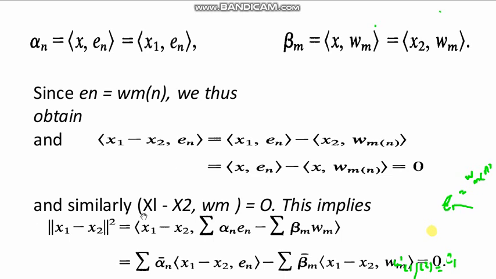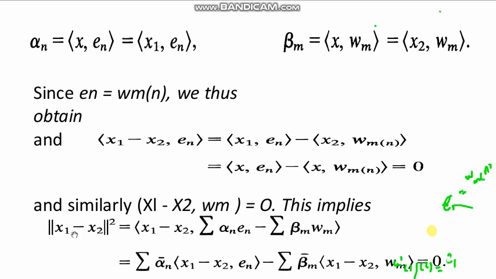Similarly, in the case of beta_m, if we use x1 minus x2 with W_m, then it will be equal to x1 with W_m minus x2 with W_m, and similarly here it will come again W_m(n), so the result will be 0. So the inner product of x1 minus x2 with W_m is also equal to 0.